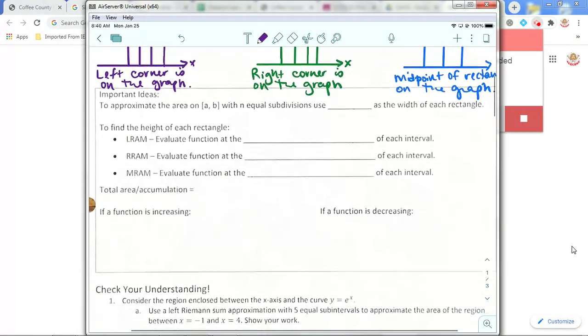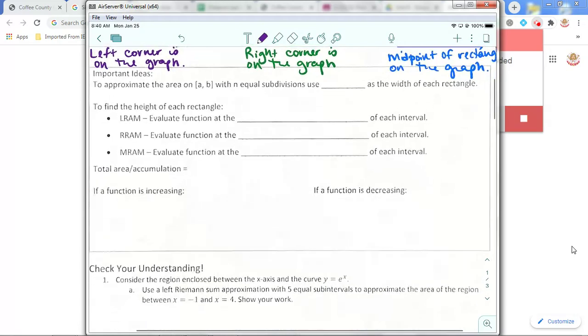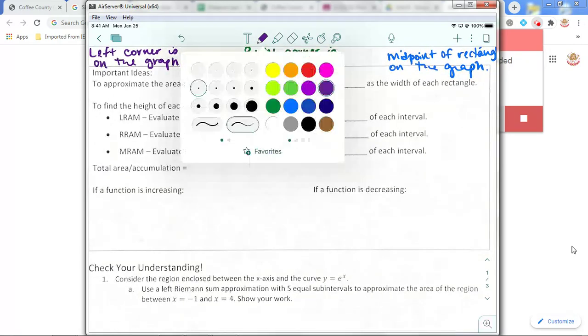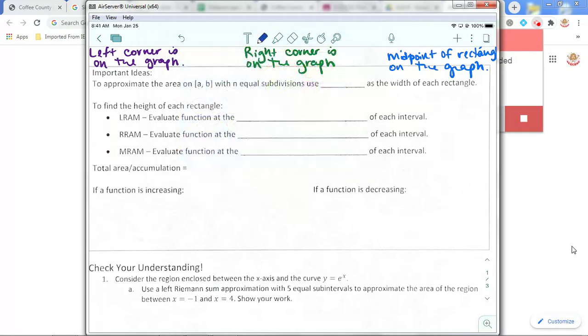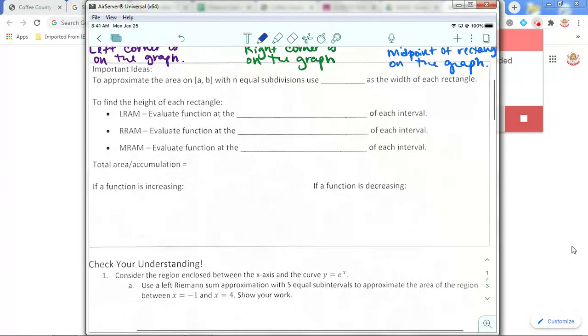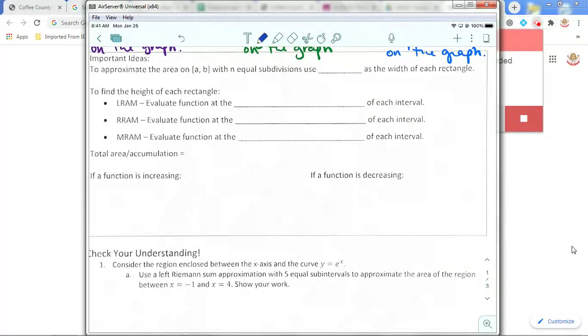Okay, so let's talk about some ideas. So whenever we are doing this Riemann sum approximation, we are finding areas, and one of those parts of finding the areas is going to be the width of the rectangle. And so you'll be told an interval that you want to find the area under the curve. And then you're going to be told how many subdivisions or how many rectangles you're going to draw.